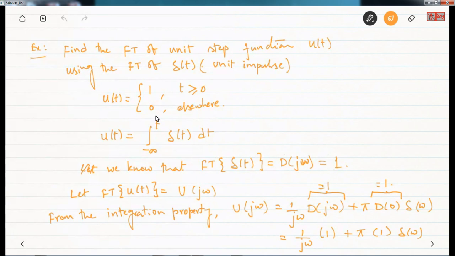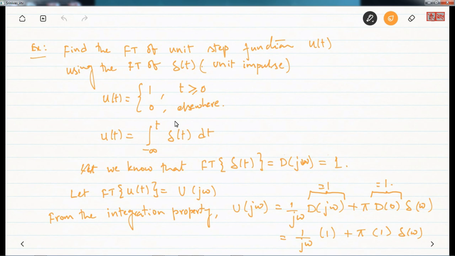You can also do this directly using the definition of u of t. But if you are asked to find the Fourier transform of u of t using the Fourier transform of the unit impulse, then you have to use the relation between the unit impulse and the unit step function, and then use the integration property to find the Fourier transform.